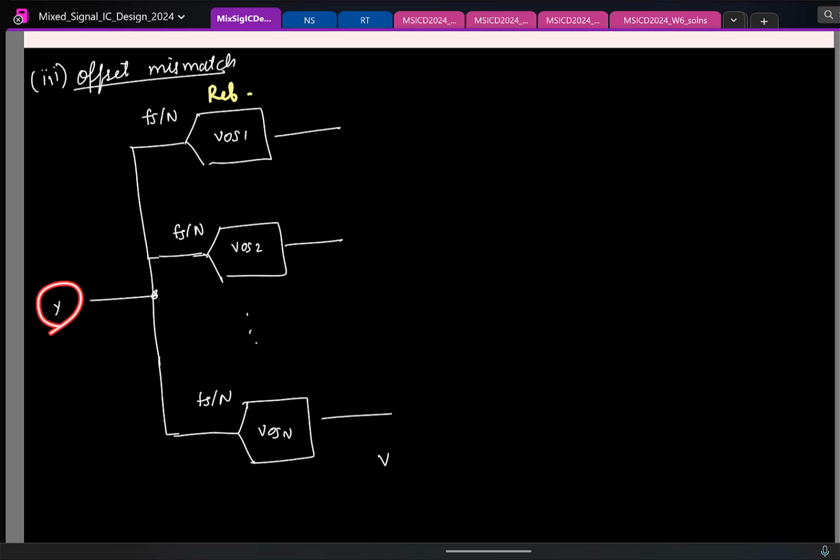If the input is Y, at the output I'll get Y of 0, plus a quantization noise. Let's ignore that. The next sample will be Y of N. Here I'll get Y of 1, Y of N plus 1. This is Y of N minus 1, Y of 2N minus 1, and so on.